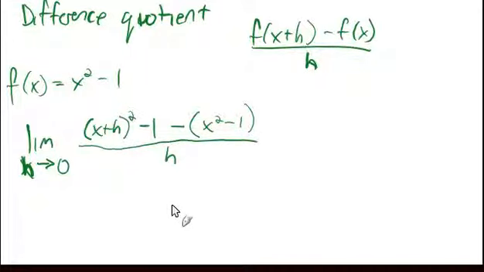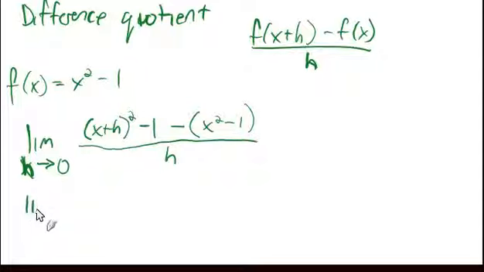Okay, so the problem with this, no surprise, we get a 0 in the denominator. We can't divide by 0. So we've got to mess around with this a little bit and see if we can use maybe the canceling or the rationalizing technique to have a limit that we can actually substitute 0 into and not have a problem.